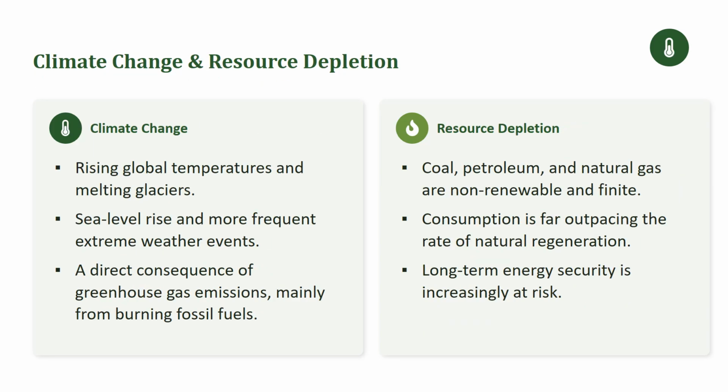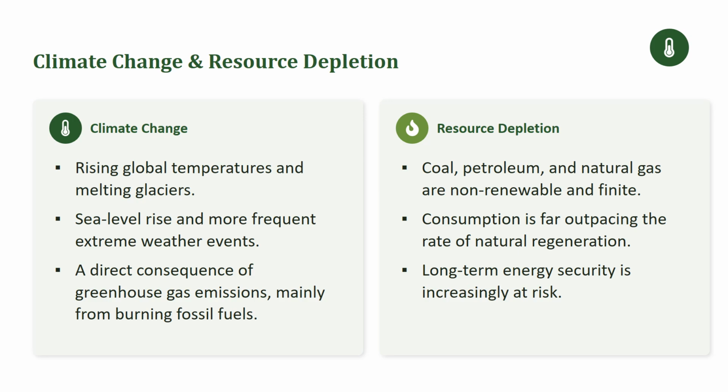Climate change and resource depletion. In climate change, global temperatures rise, and therefore the melting of glaciers takes place. Sea level rise and more frequent extreme weather events happen, a direct consequence of greenhouse gas emissions, mainly from the burning of fossil fuels.